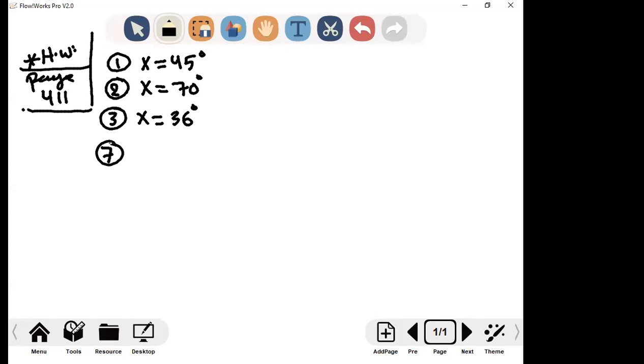But from the small square, the red one here, we know that the total of the angles is how much? 90 degrees. So here, 4x plus 22 equals 90. Now we know how to solve this equation. Shift the 22, then divide by 4. x will be how much? 17.